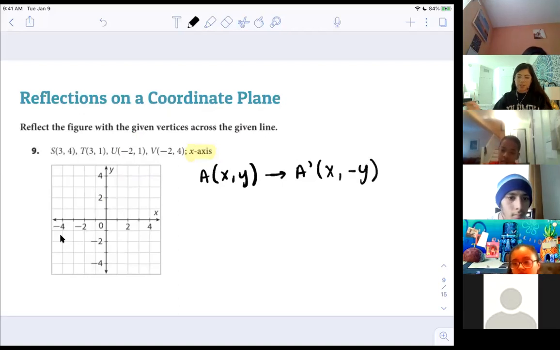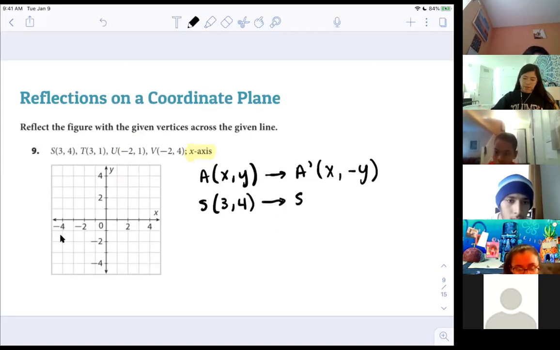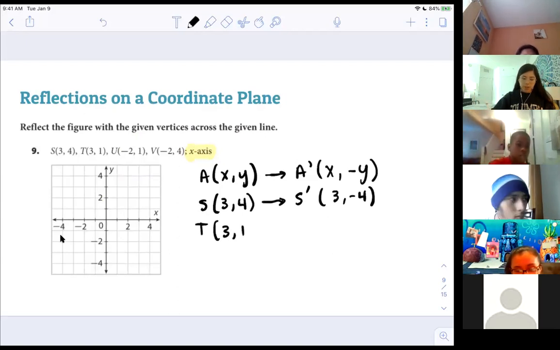Since I'm flipping over the x-axis, the pattern goes, my y is going to flip. So I had S was 3 comma 4. Perla, what's it going to become now? 3 comma negative 4. Good. T was 3 comma 1.